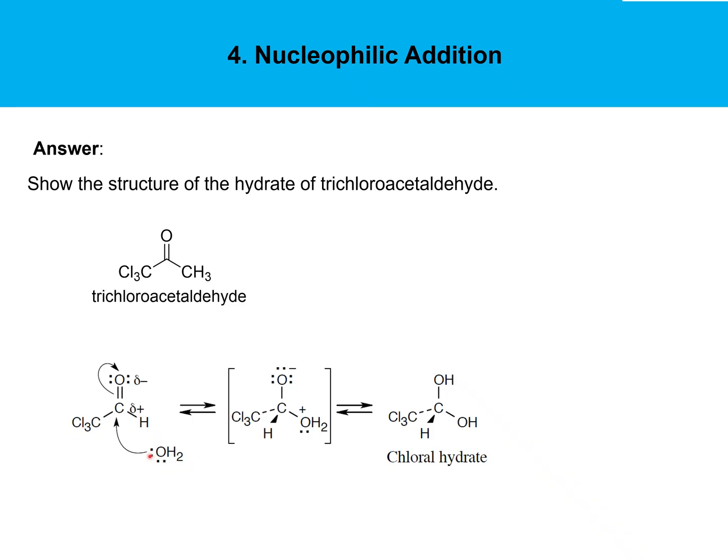Water would add to the carbonyl, break the double bond, and create this tetrahedral intermediate, which will then lead to a proton transfer. This oxygen will be protonated. This one will lose a proton to form the hydrate. And so this is the product that we get from a hydration, whether it's acid catalyzed or base catalyzed, of trichloroacetaldehyde.